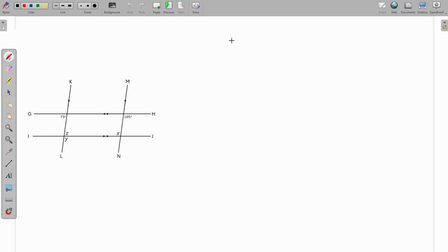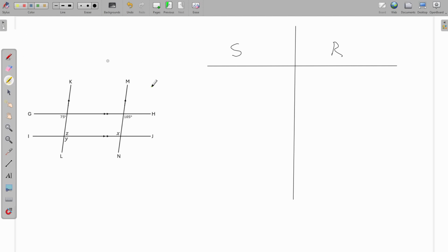Now, question 4. First things first, as always, statement, reason. We have multiple variables, and as I've said before, it doesn't matter which one you start with, as long as you do them all. First thing I spot, a nice backward Z here, with 105 and X. Are the arms of the Z parallel? Well, yes, line GH is parallel to IJ.